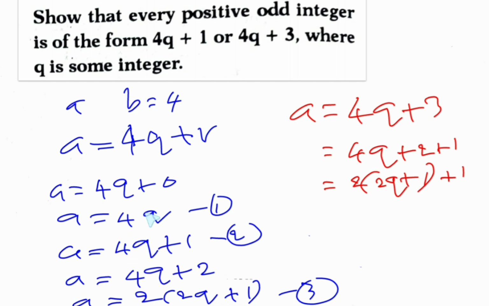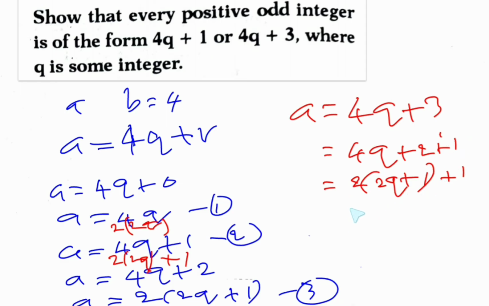The second one is 4q plus 1, and here is 2 into 2q plus 1. So observe this: 4q or 4q plus 1, and 4q plus 2, 4q plus 3, where q is a coefficient.